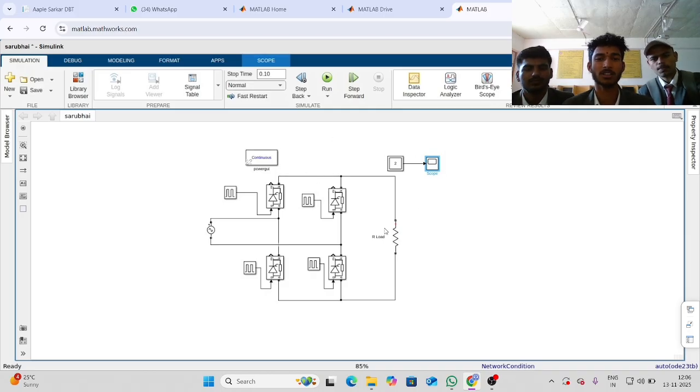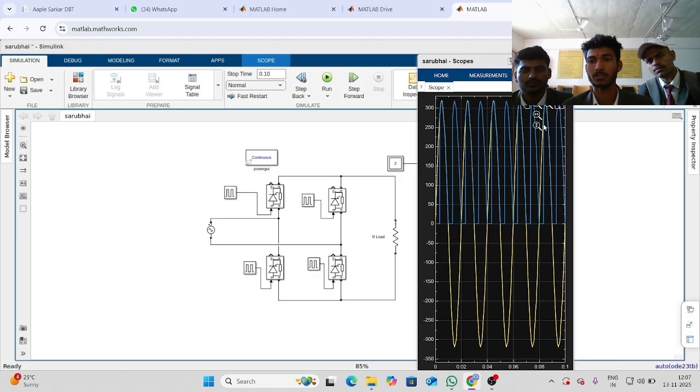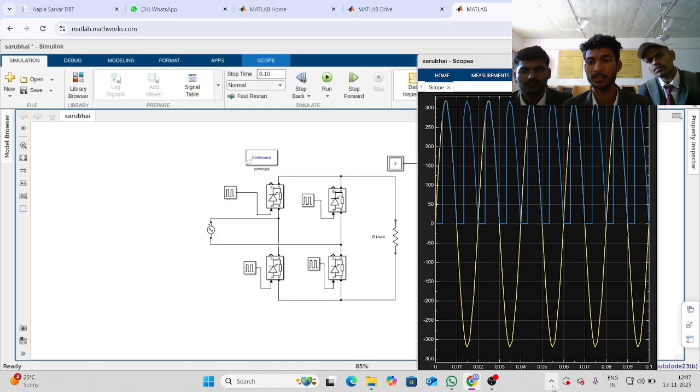First we connect all the circuit properly, then we run it with a scope time of 0.10 seconds, and this is the scope value. This is the waveform of the positive cycle and negative cycle.